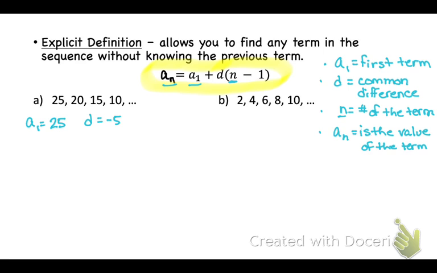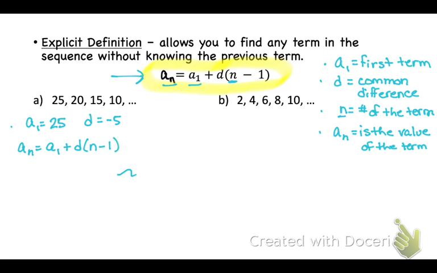Okay, I didn't ask you to show any work because that's not what I'm asking you, is it? No. Okay, so now I have these 2 things. I'm going to plug them into here. So I said write it every time I use it, right? So we're going to write it. A sub N equals A sub 1 plus D times N minus 1.